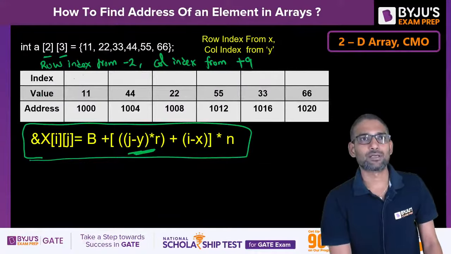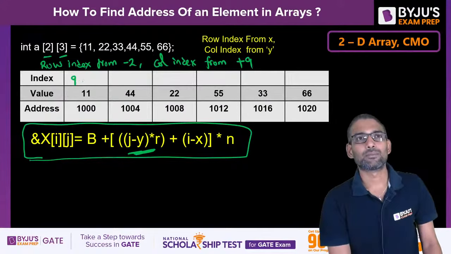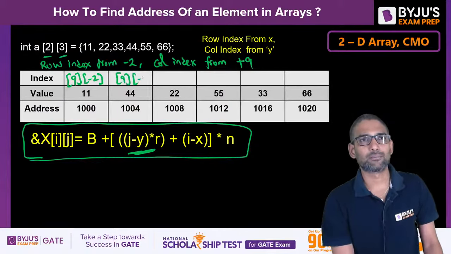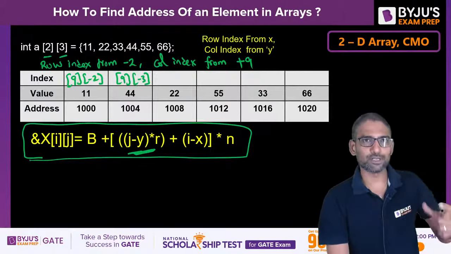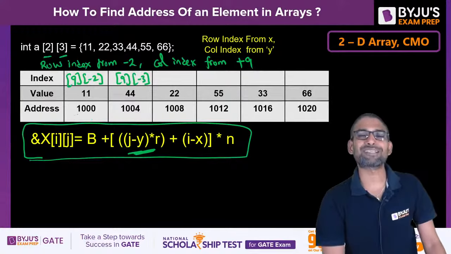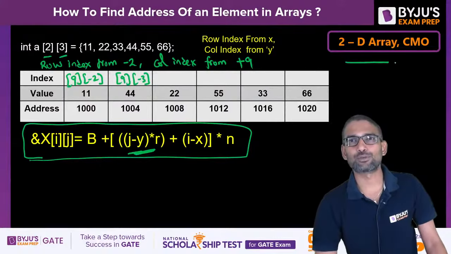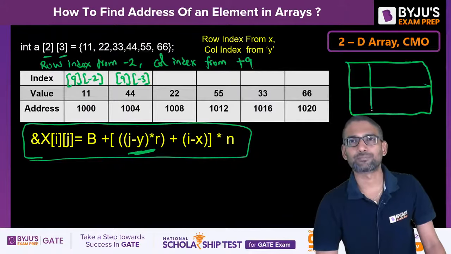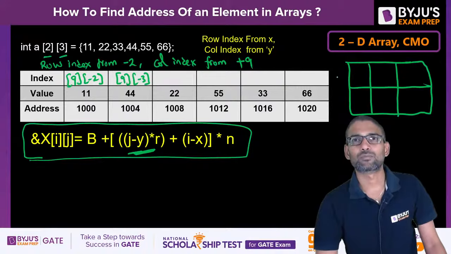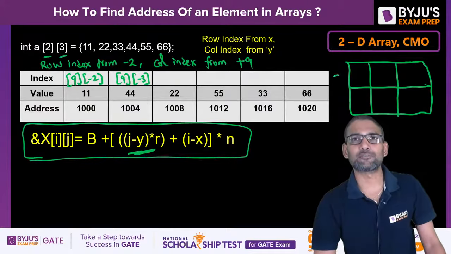That means 9 -2, 9 -3. 2 rows only. So these would be the first column, because we are having 2 rows, 3 columns, and the row index started from -2, -2, -3.